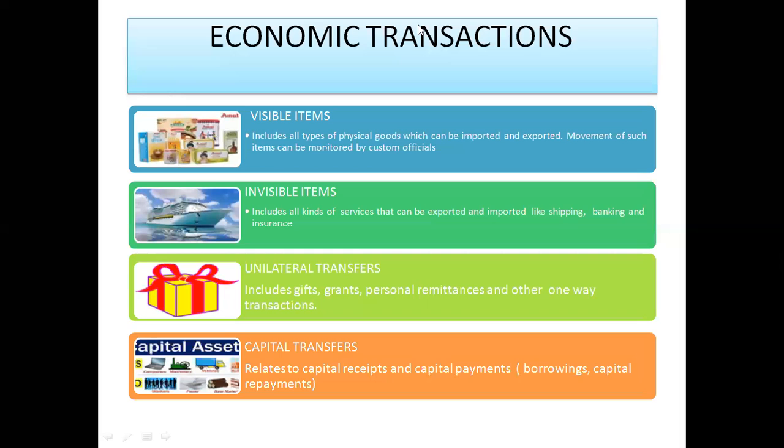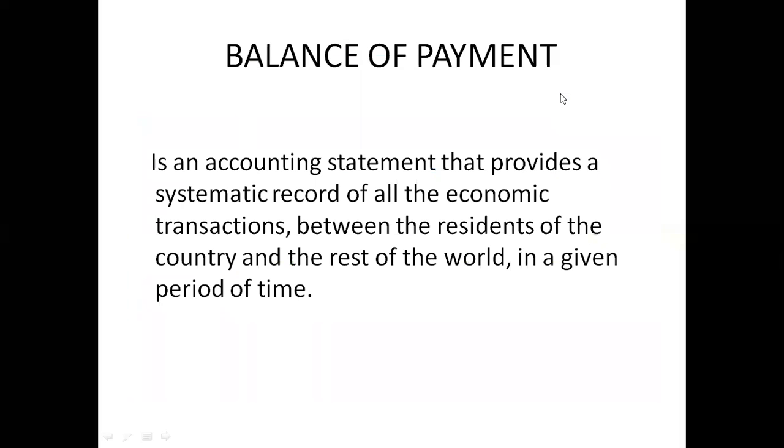Now come again to the previous definition, which we were studying: balance of payment is an account which records systematically all the economic transactions that take place between one country and the rest of the world.